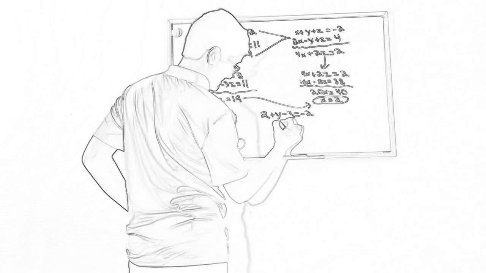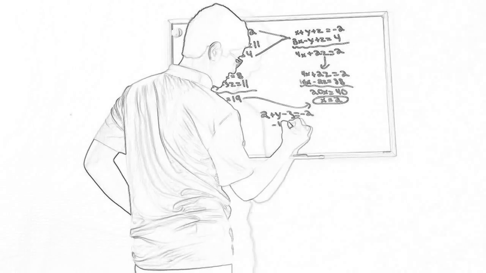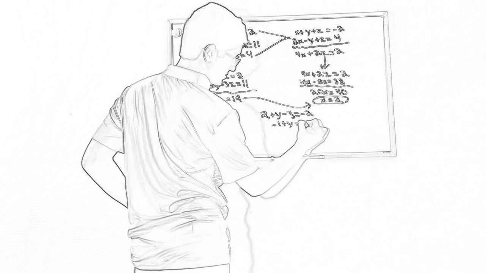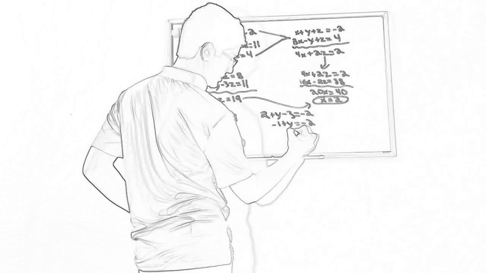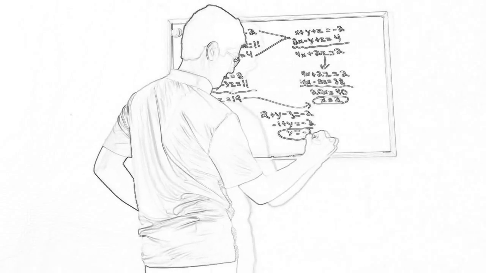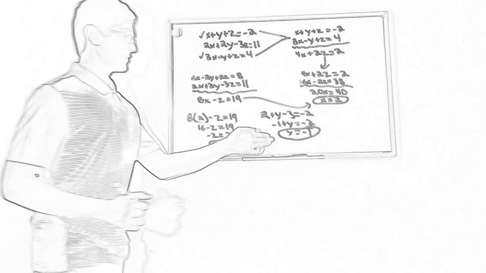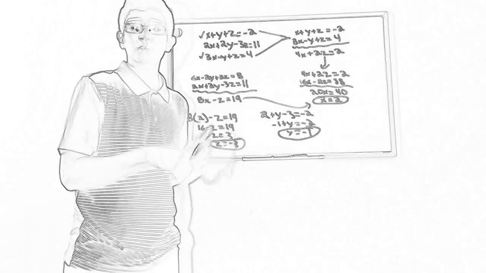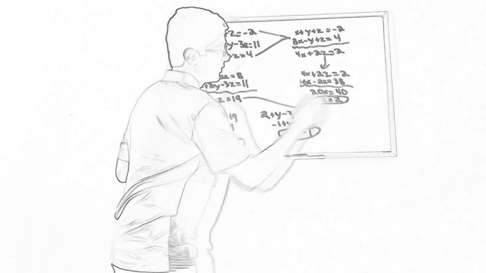That would be negative 1 plus y equals negative 2, and y equals negative 1. And this would be your answer. Now we have solved for all three variables.